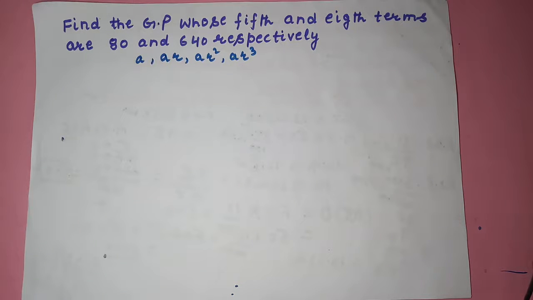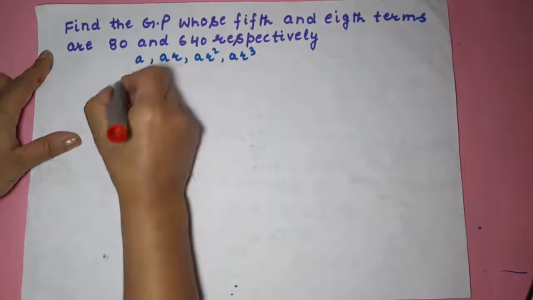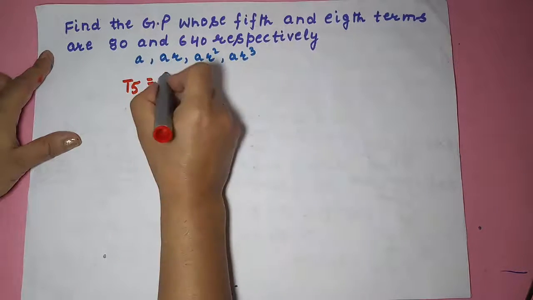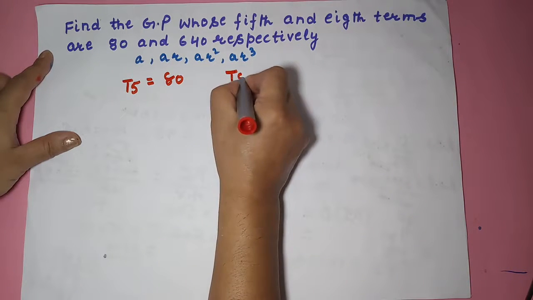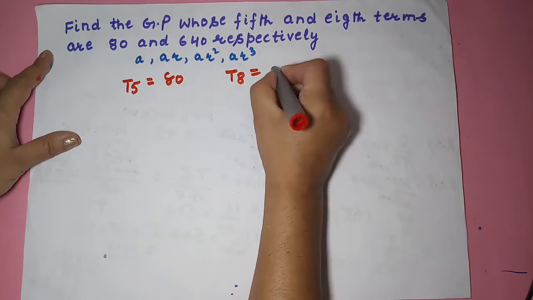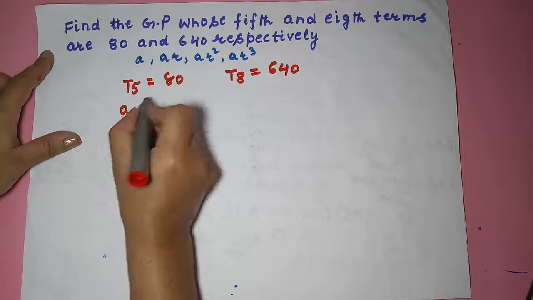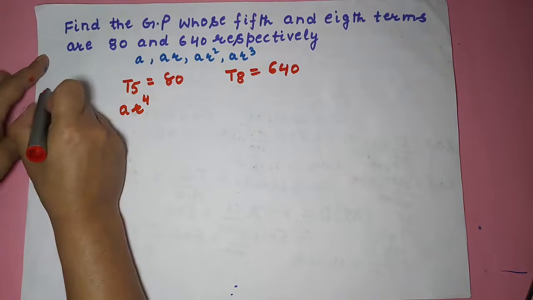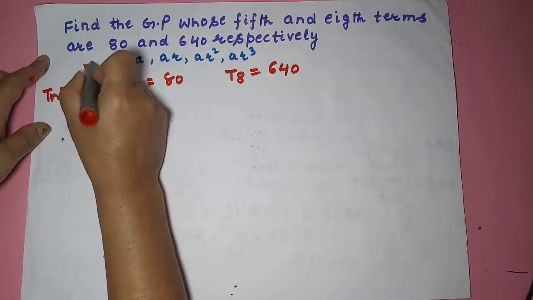We have to actually calculate this series. So what we will do is use the data that is given in the question. T5 is 80 and T8 is 640. Now Tn is equal to AR raised to n minus 1.